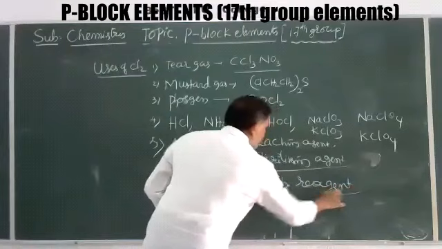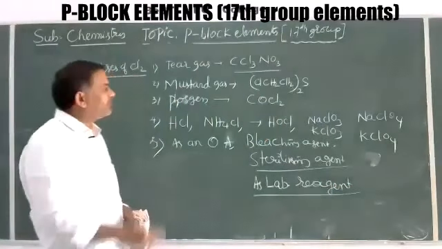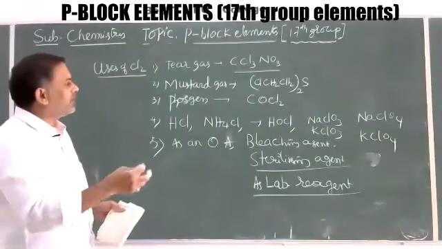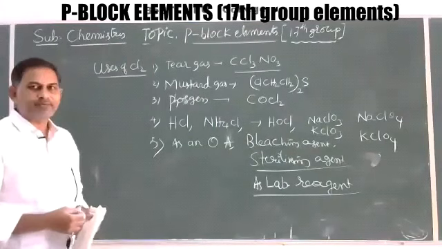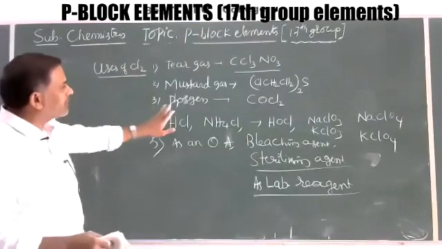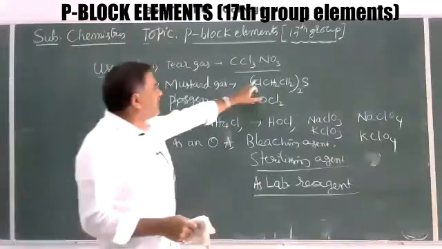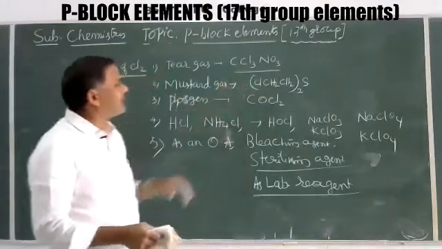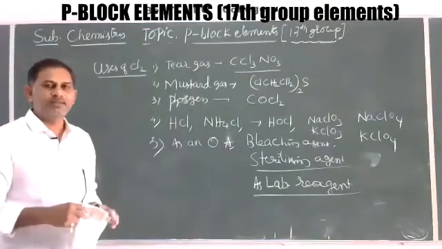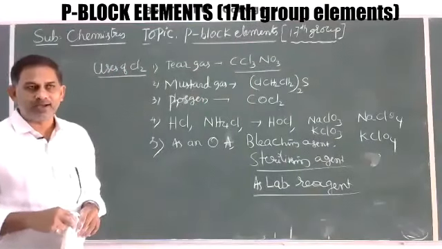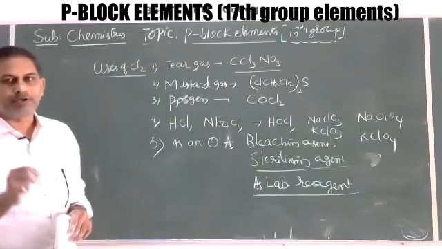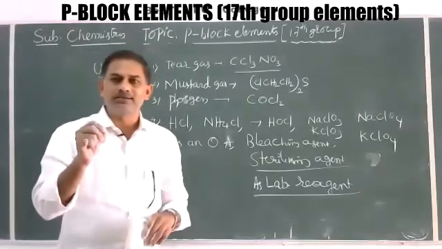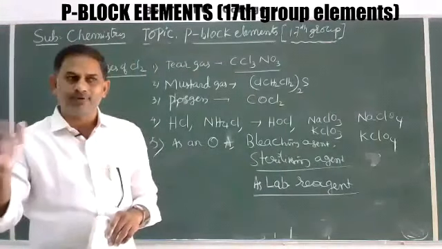These are some important uses of chlorine. Remaining examples, read from the textbook. These are the main important useful compounds. Maybe they'll ask in an objective examination. These are the important points about chlorine: preparation, properties, and uses of chlorine.